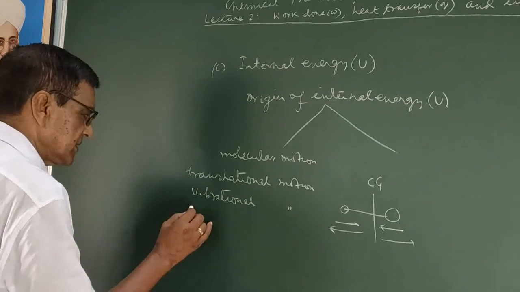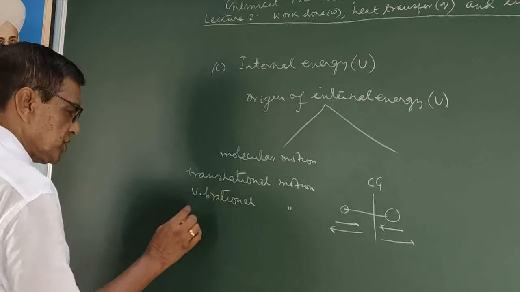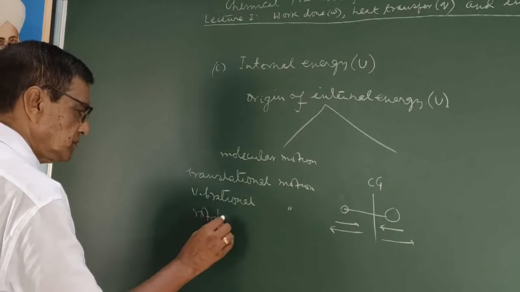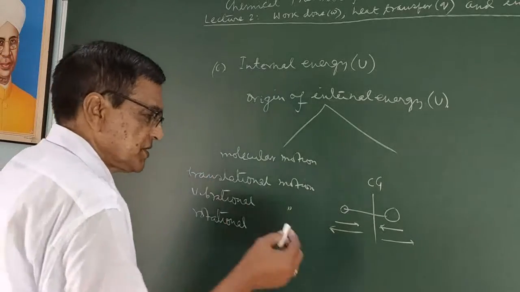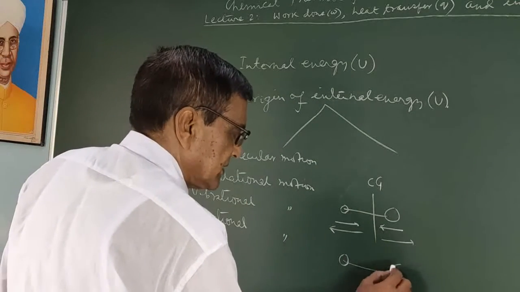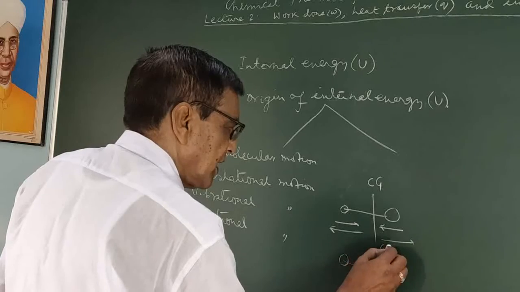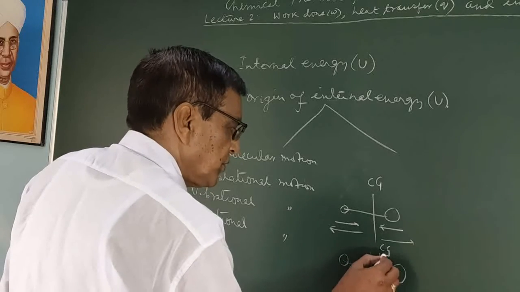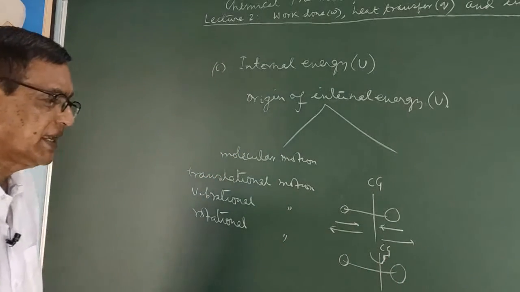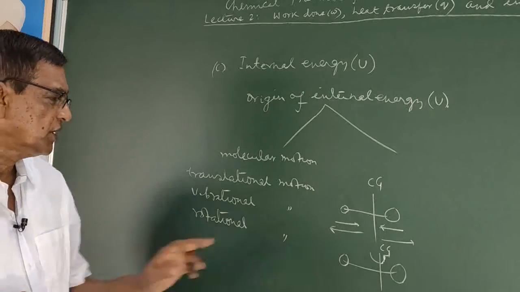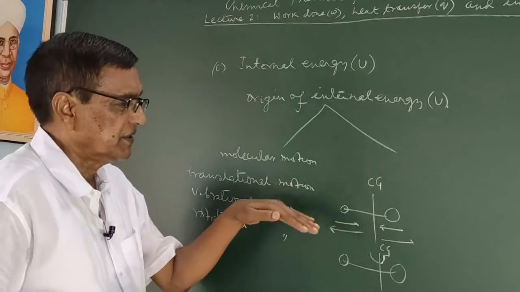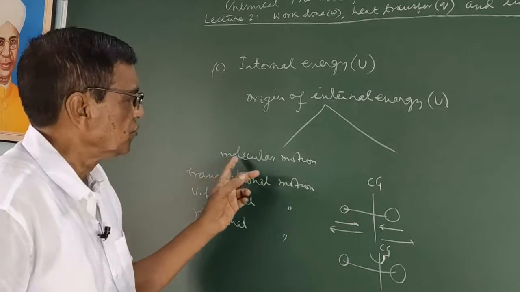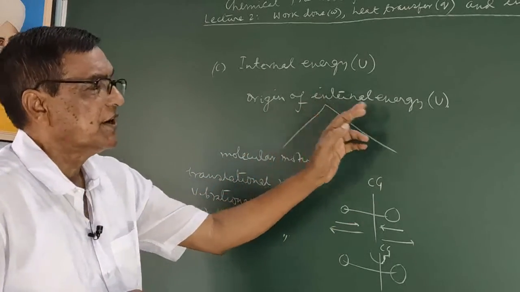And another is the rotational motion. Here is one atom, here is another atom, this is the center of gravity, and this molecule is rotating. This rotation of the molecule gives kinetic energy, and these molecular motions constitute the internal energy.